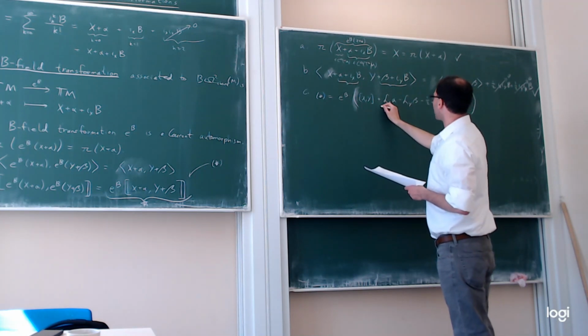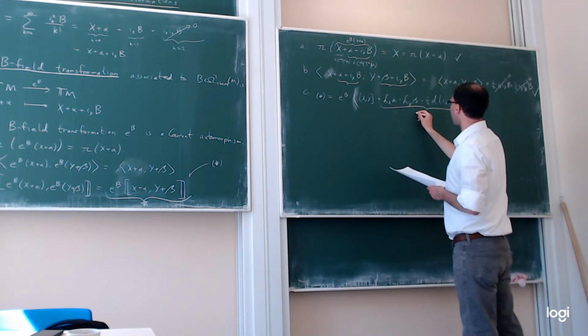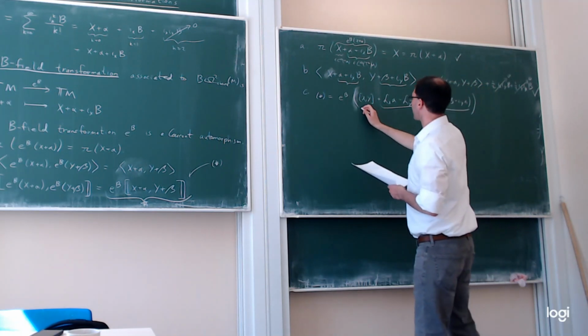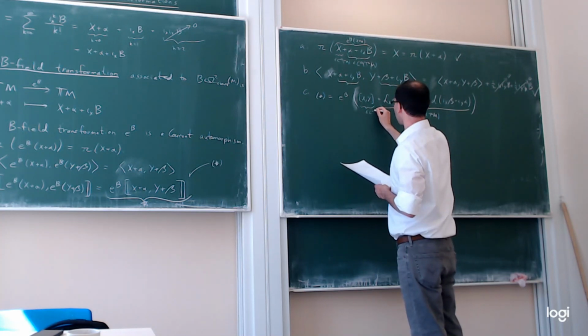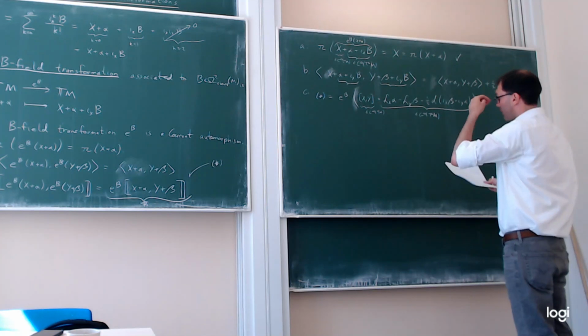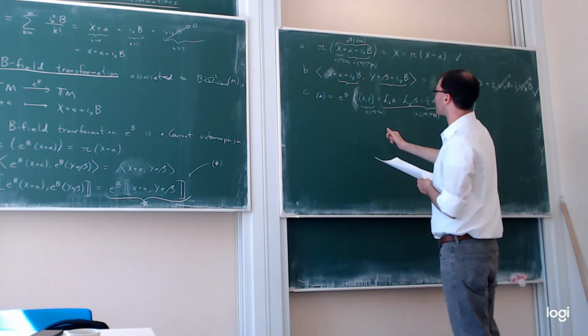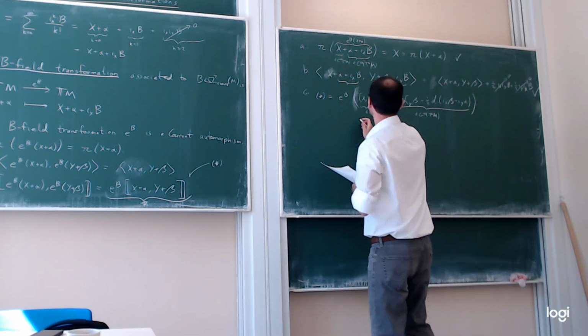And now note that all of these terms combine to form a section of the cotangent bundle, and this first term is the projection to the tangent bundle, or to a section of the tangent bundle. So now it's clear what the result of the B-field transformation is going to be.